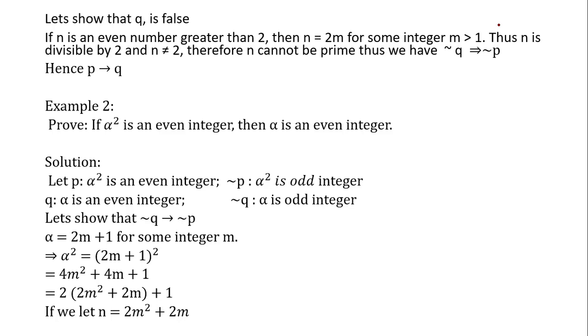So if m is greater than 1, n is divisible by 2, since we are dealing with integers. Therefore 2m must also be divisible by 2, and n should not be equal to 2. Therefore, n cannot be a prime.